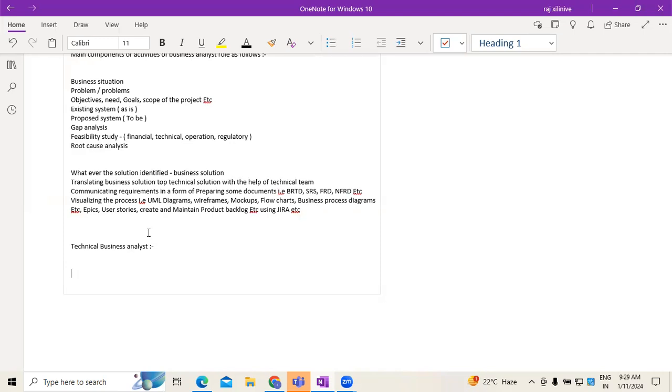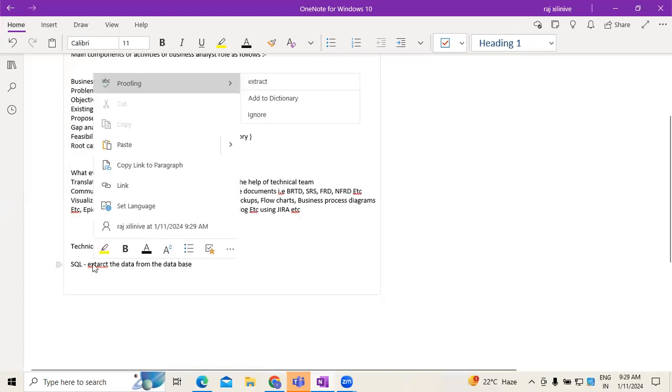Now, if we want to become a technical business analyst, or if you want to acquire some technical knowledge from the context of business analysis, there are some technologies which we have to learn. The first one is SQL, because SQL is structured query language, which is used to extract the data from the database.